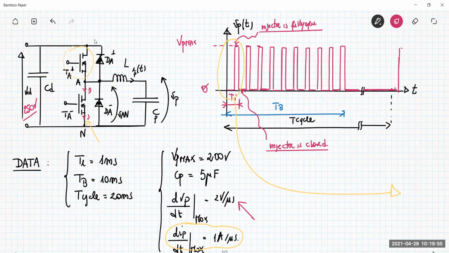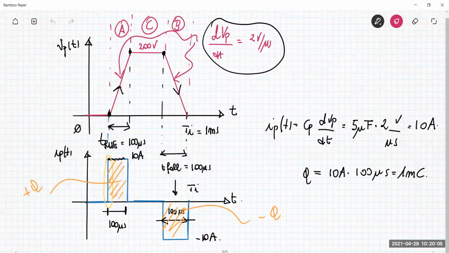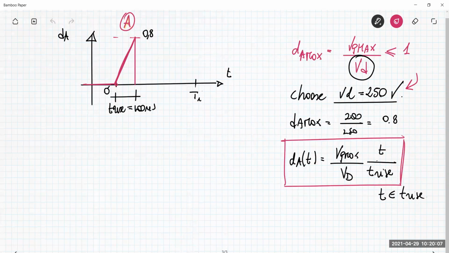So pay attention to choose a voltage that is compatible with the characteristics of the commercially available MOSFETs that you have on the market. Okay, 250 is quite good. You can find MOSFETs having breakdown voltage of 300 volts or even more with decent Rds on resistance.